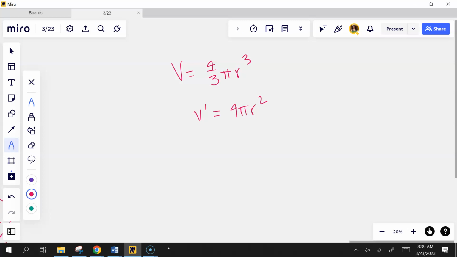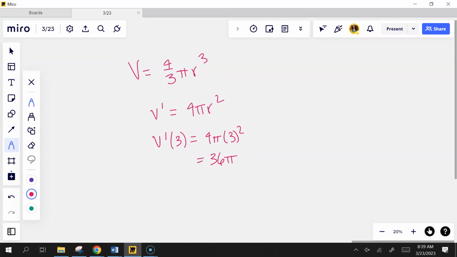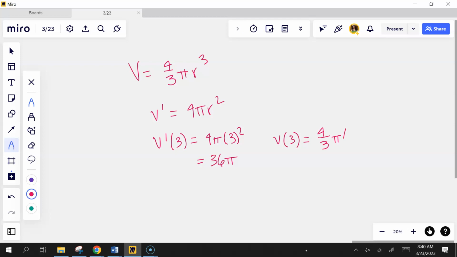All right, so it asked me, I lost my place. Tan line to approximate the increase in volume in cubic inches when the radius of a sphere is increased from 3 to 3.1. So we'll do at 3, so V prime of 3 would be 4 pi times 3 squared, which will be 9 times 4, 36 pi. That's my slope. I also need a point, so I'll do the actual volume at 3, which would be 4/3 pi times 3 to the third.